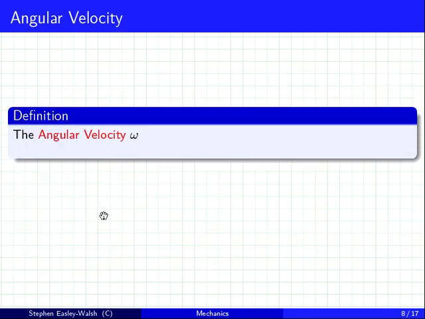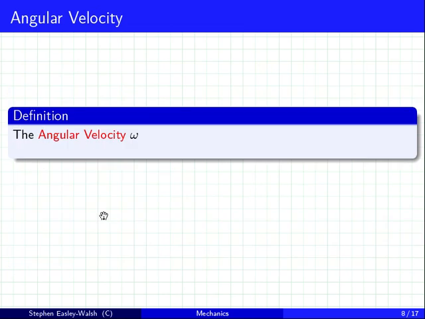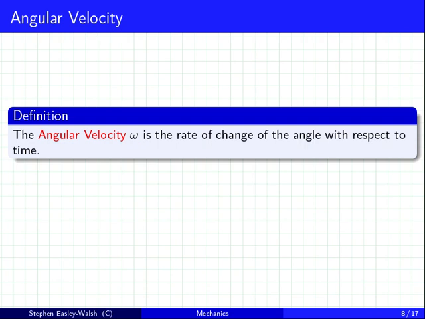So, we have some definitions now. The first one is called angular velocity, omega. It's the rate of change of the angle with respect to time. And the unit would be radians per second. So before you write it down, I'll just give you an example. Imagine we have something moving in a circle.